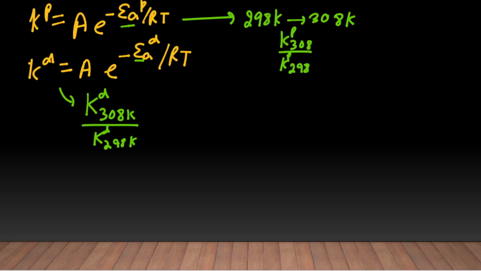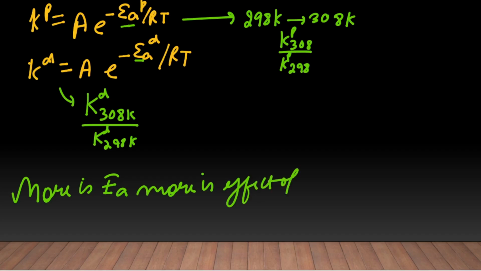So their dependence on the temperature is basically being asked. Here, the more the activation energy, the more the effect of the temperature on the ratios of these rate constants.